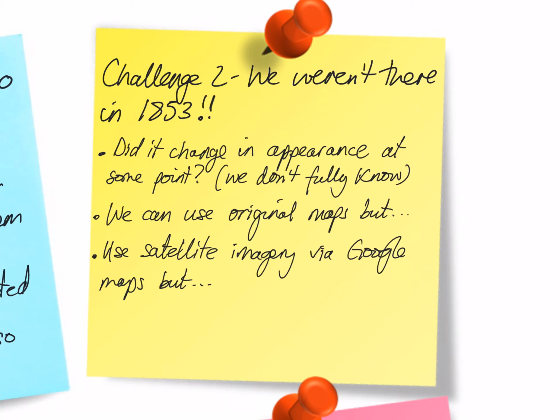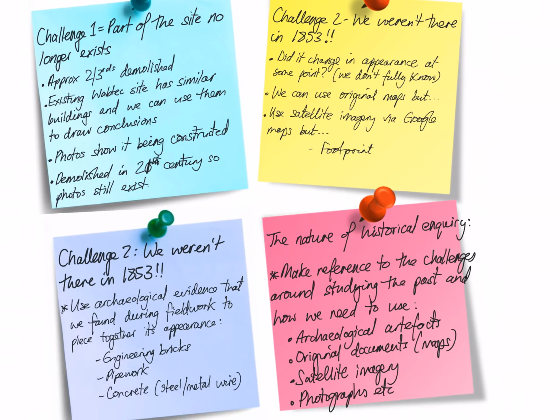We need to make reference to what we already know of the site, and we know that we can use satellite imagery via Google Maps, and that was important because it gave us an overview of the footprint of the original site. But there are still challenges with that. It doesn't show us specifically what it looked like when it was first built.